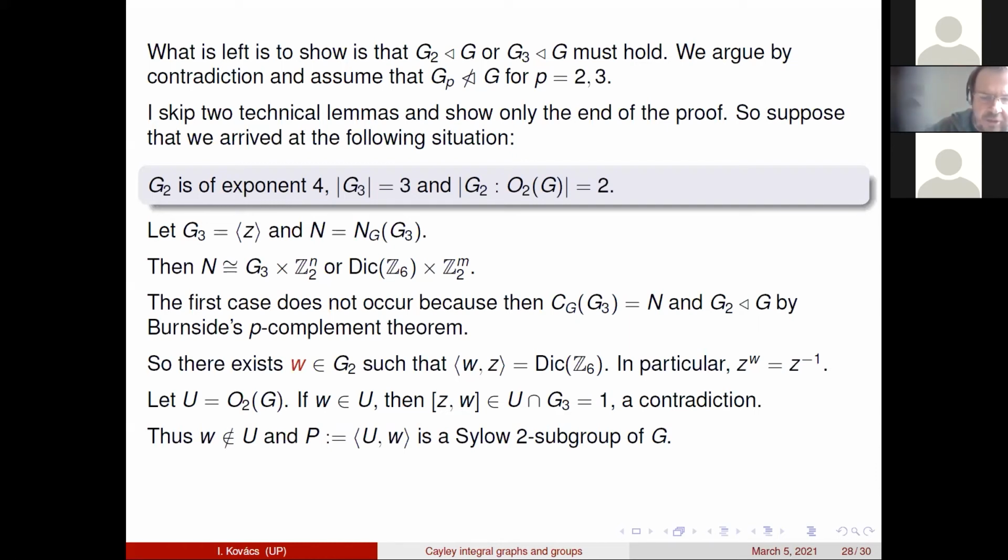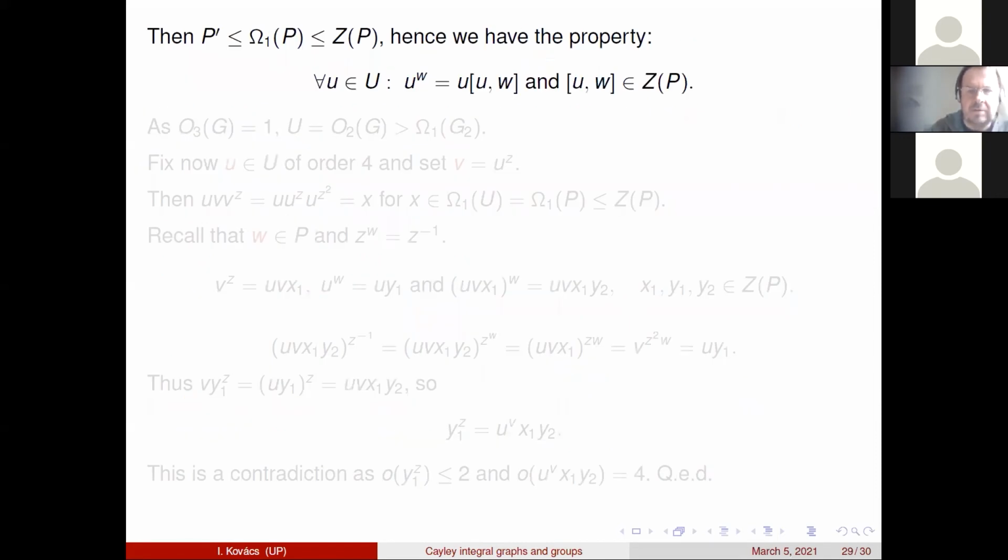And this group has property P, and we also have this property about the Sylow 2 subgroup. So we can use it now for P. P satisfies the condition that the commutator is contained in the group generated by involutions, which is also contained in the center. And if you rewrite this property, you get the following condition.